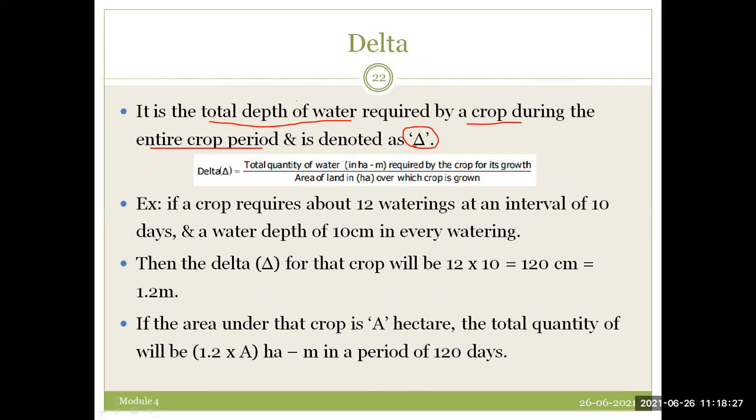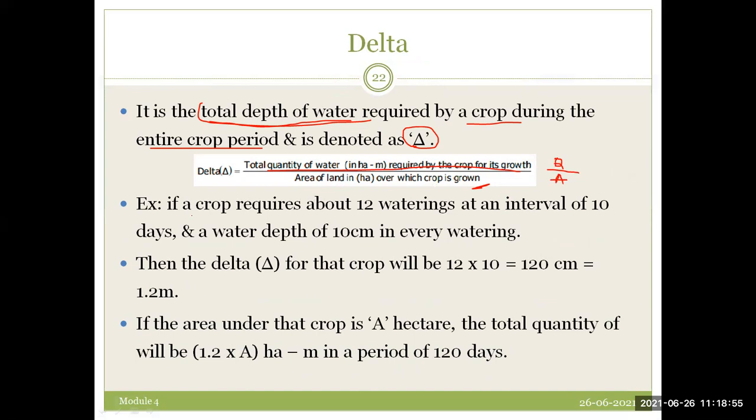Similarly, delta represents the total depth of water required by the crop during the entire crop period. We can say it is the total quantity of water, in hectare meter, required by the crop, divided by the area of the land. Dividing the total quantity by area, you get the depth, that is delta.